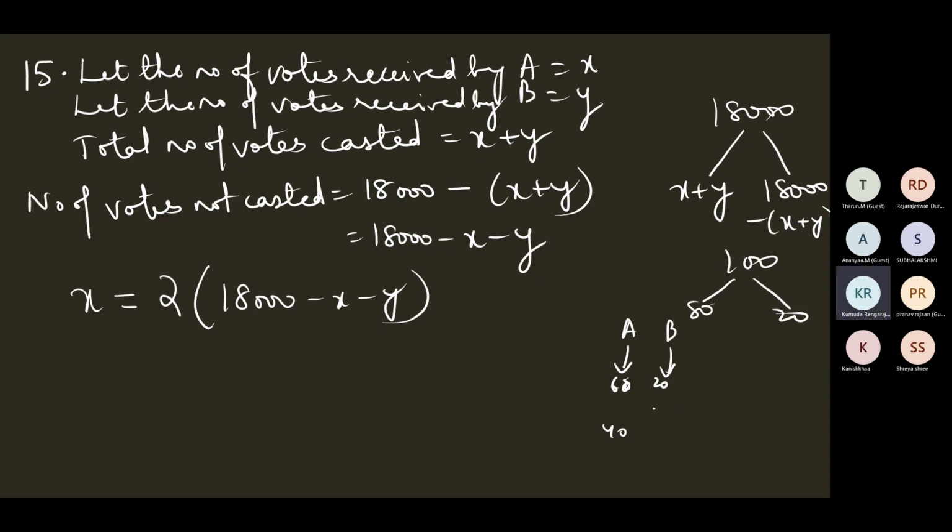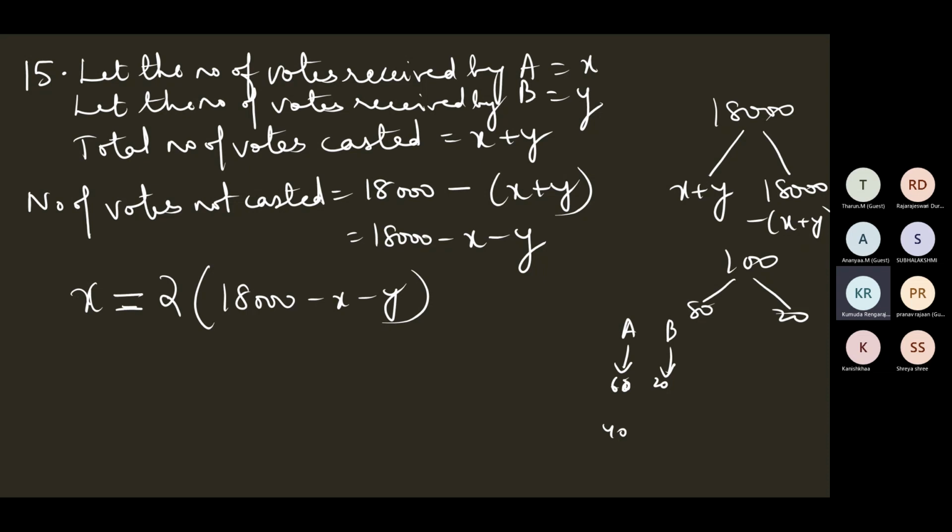In our example, A has won the elections by a majority of 40 votes, meaning the difference between the votes received by A and B is 40.